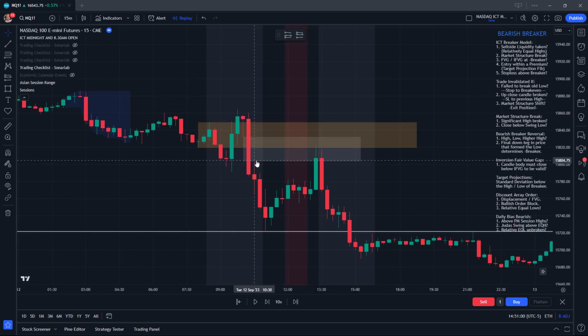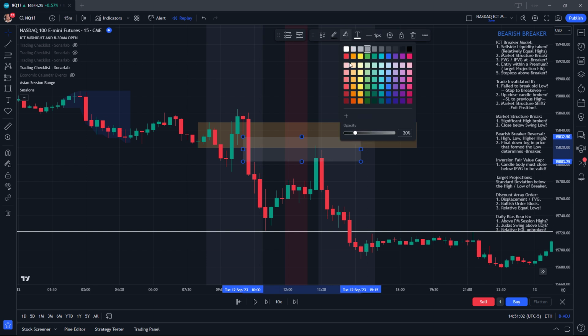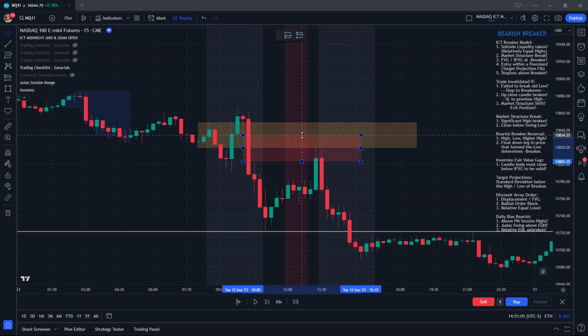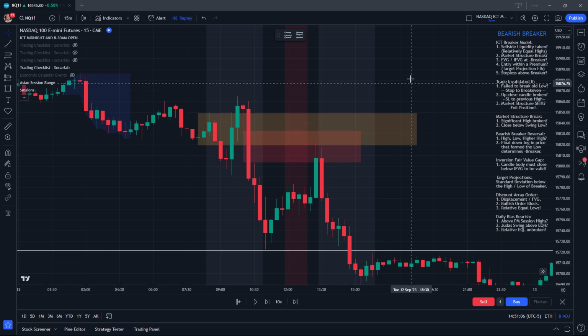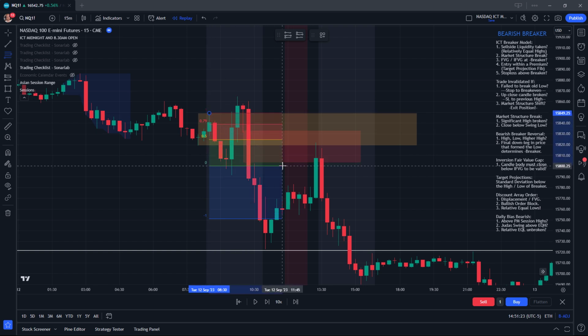Then we look for our fair value gap, or our inversion fair value gap within the breaker. Then from the high, which is, where is it? That's the high, that's the low, that's the high. We don't use the high, we say the high to the low.